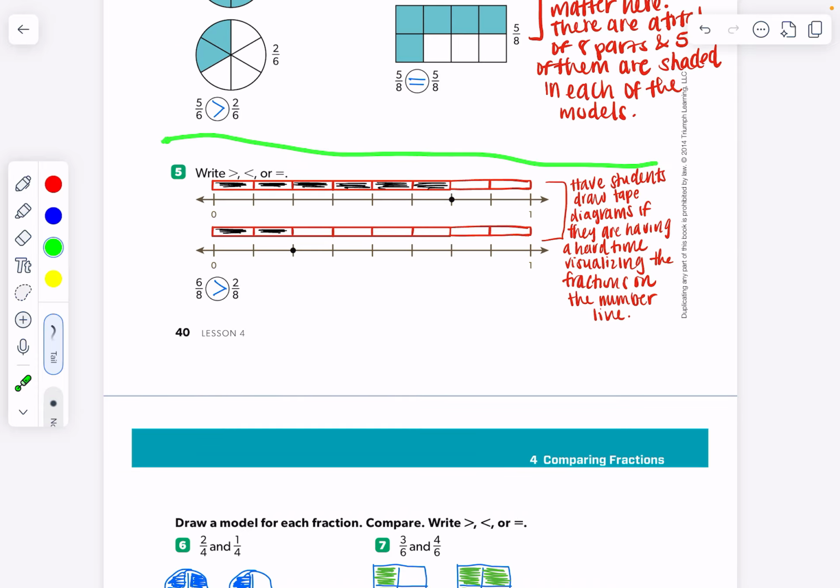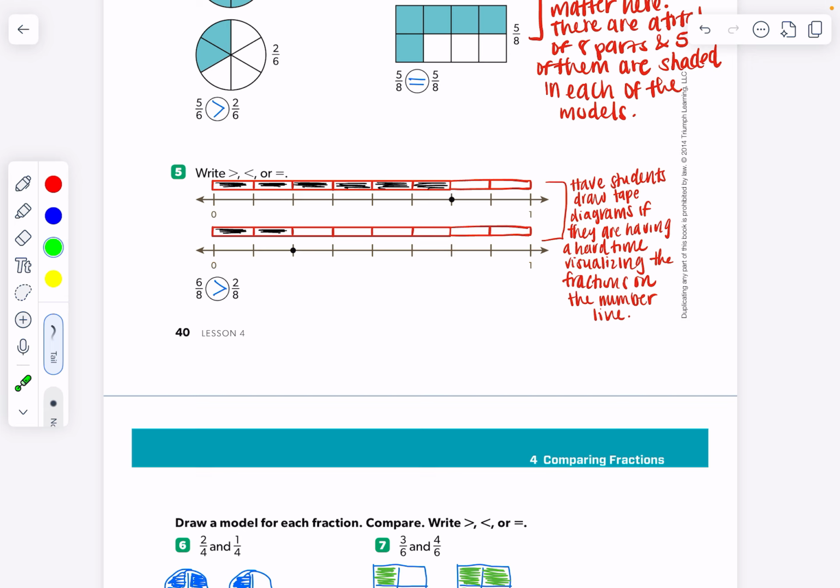And then for question number 5, students might struggle with the number line, which is why I went ahead to draw a fraction strip above that number line. So when they're comparing 6/8 and 2/8, students might say, okay, I don't know what this dot represents. I need to maybe figure out how many total parts there are, and then write 1/8, 2/8, 3/8 under every tick mark.